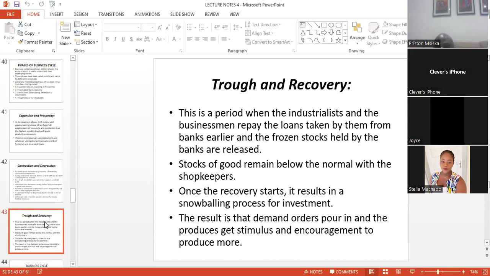And when prices start falling, the demand will start picking up. So the recovery starts picking up. Demand starts picking up. Companies now have to replace their depleted warehouses.